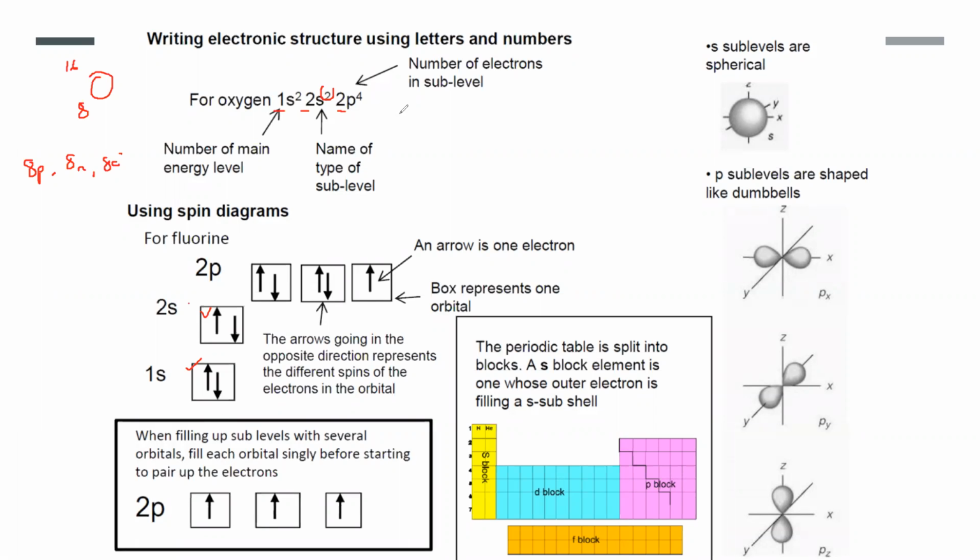2p has 4 electrons. So how do these 4 electrons arrange in the case of oxygen? So this is 1s, 2s, 2p.